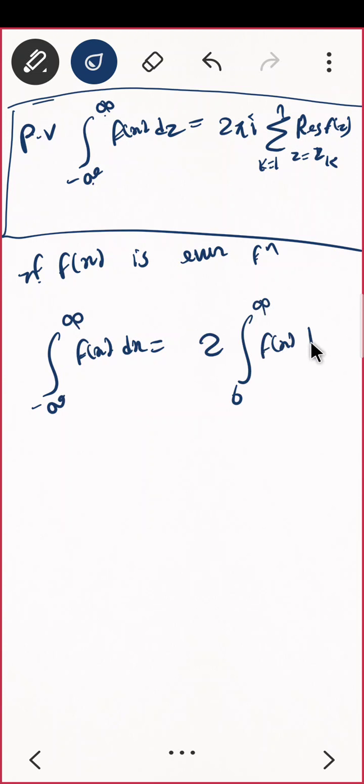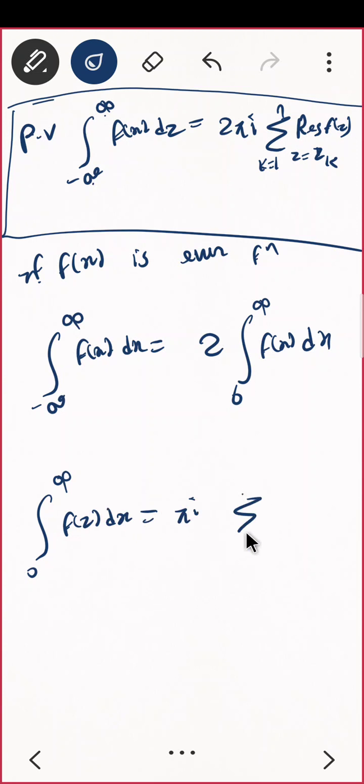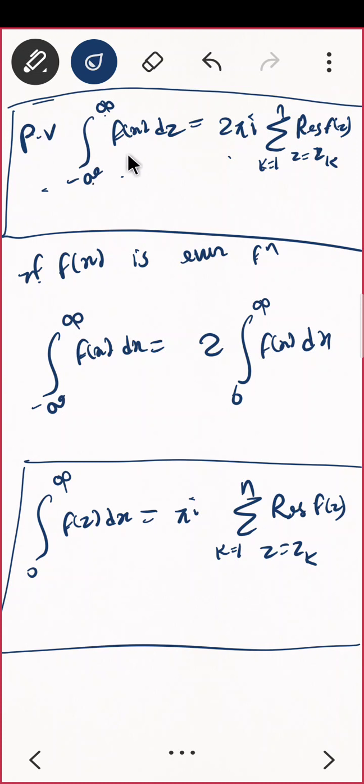So you just put it here, and the integral from 0 to infinity of f of x dx will be equal to pi i into the sum of residues. The 2 will get cancelled. Right, so this is also important. And you see, the principal value of this is your improper integral.